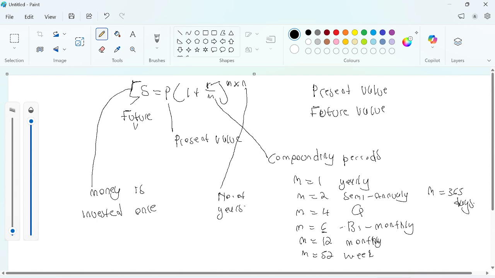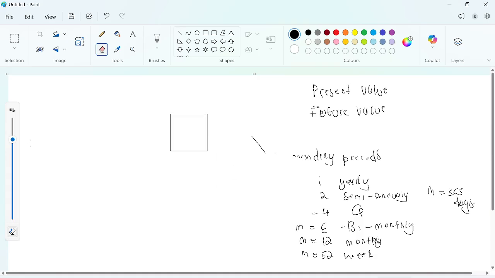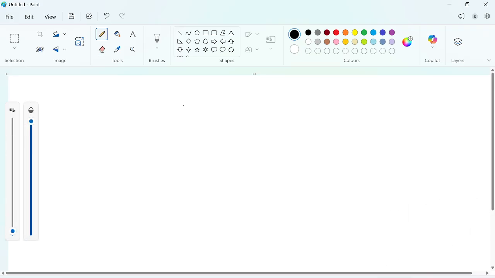Now let me not complicate things and be fair to everyone, because most people do not know that this formula is the same thing. It's just written in different ways. So we have the formula for looking for a future value, which is S equals P into (1 plus R over M) to the power of M times N. This is the future value formula, right?